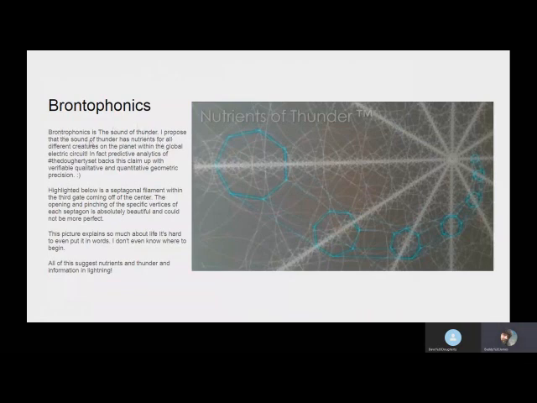I propose the sound of thunder has nutrients for all different creatures on the planet within the global electric circuit. In fact, predictive analytics of the Dougherty set backs up this claim with verifiable qualitative and quantitative geometric precision.